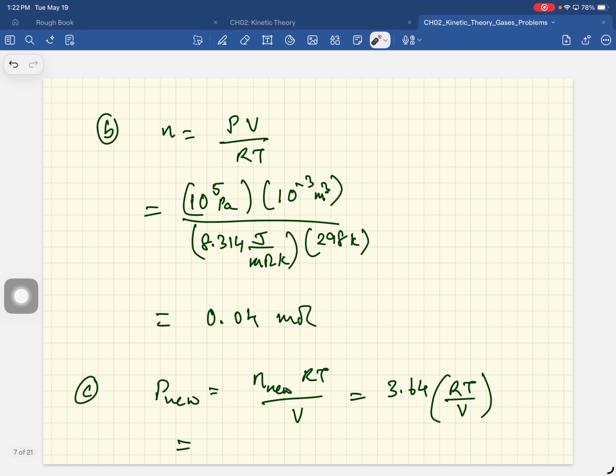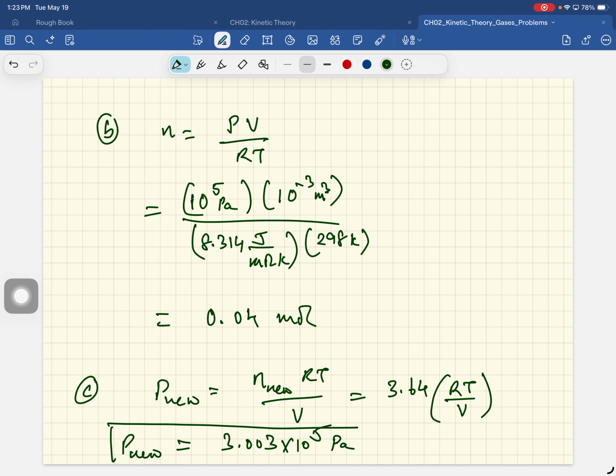So the partial pressure is the molar fraction, the number of moles of carbon dioxide divided by the total, times the total. Okay, so Ni over N total, that gives you the fraction, is Pi over P total.